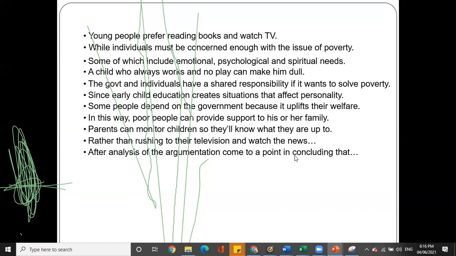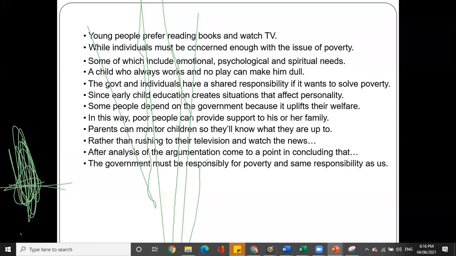It comes to a point in concluding that. After analysis of the argumentation, the writer comes to a point in concluding that. This writer has come to a point in concluding that. Okay.